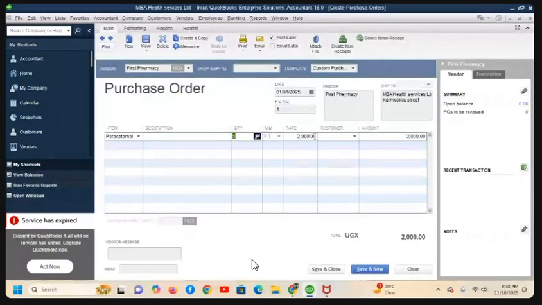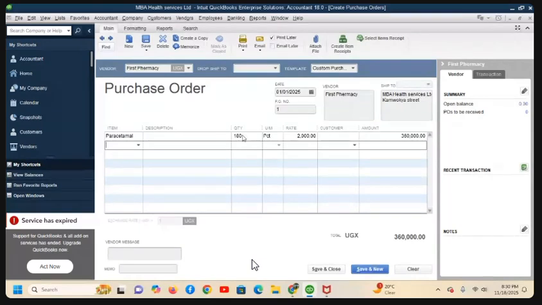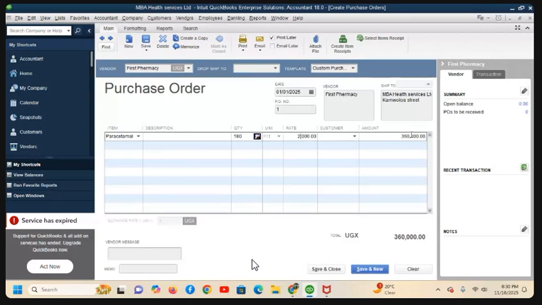If I'm ordering 180 pieces, the system will multiply the 180 I'm buying times the 2,000 to show you how much I'm expecting to pay. That is paracetamol. If I'm also ordering maybe another medicine, which other medicine? I'm not in health. You can just give me anything else.